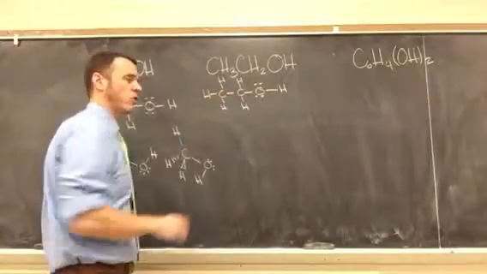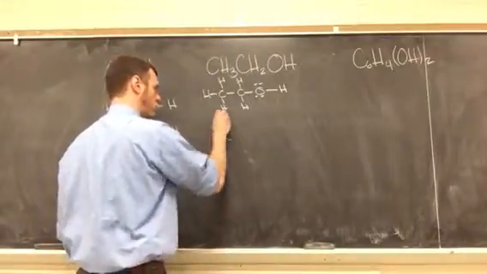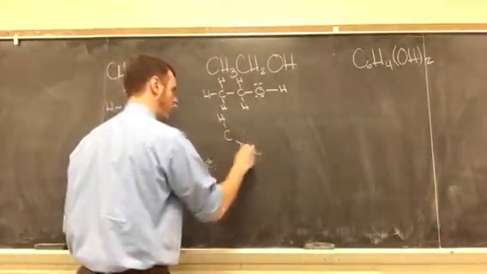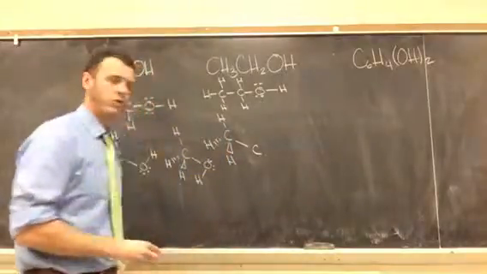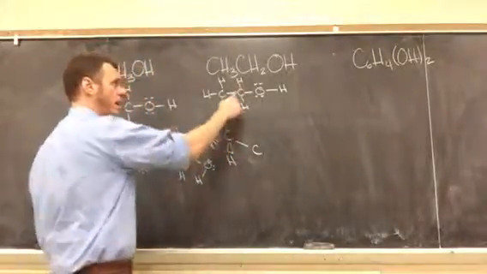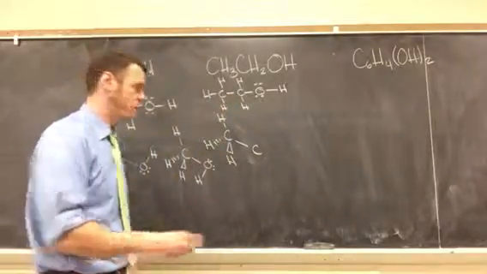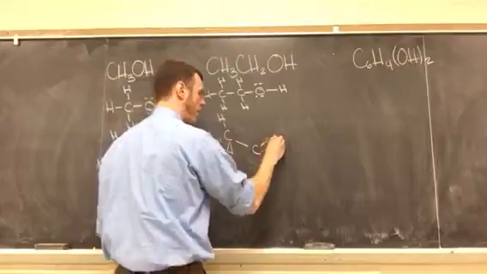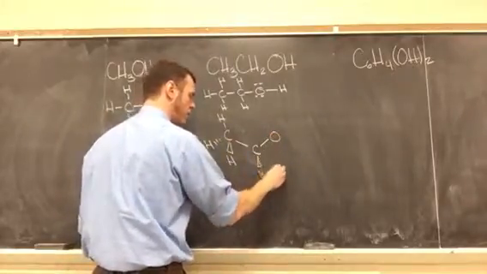We have 4 bonding groups and no lone pairs, thus it is a tetrahedral, and it'll look something like this. There's our tetrahedral about that carbon. The next carbon has 4 bonding groups and no lone pairs, therefore that one is tetrahedral as well. So I'm going to have the O coming off here, then our H's here.